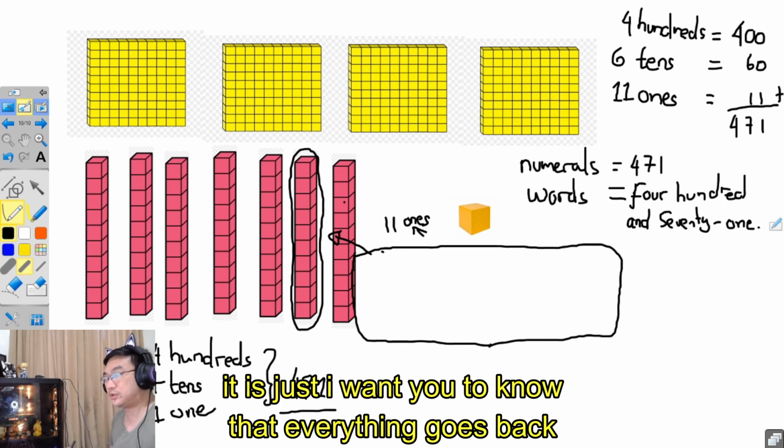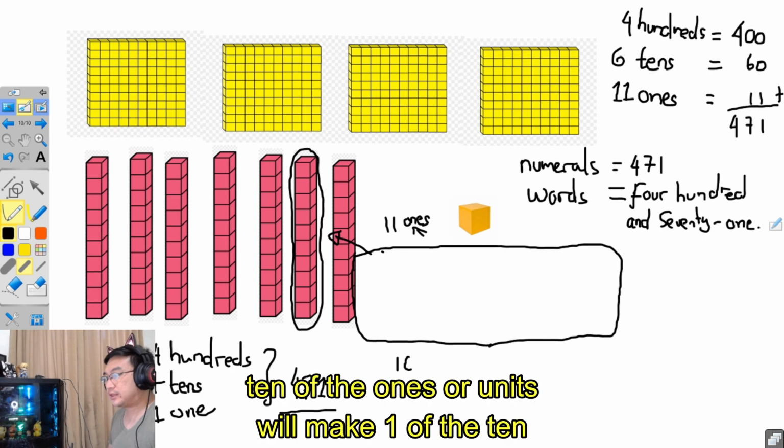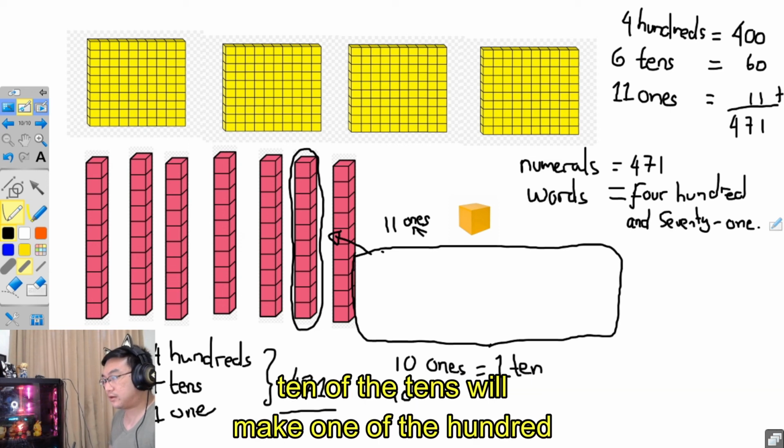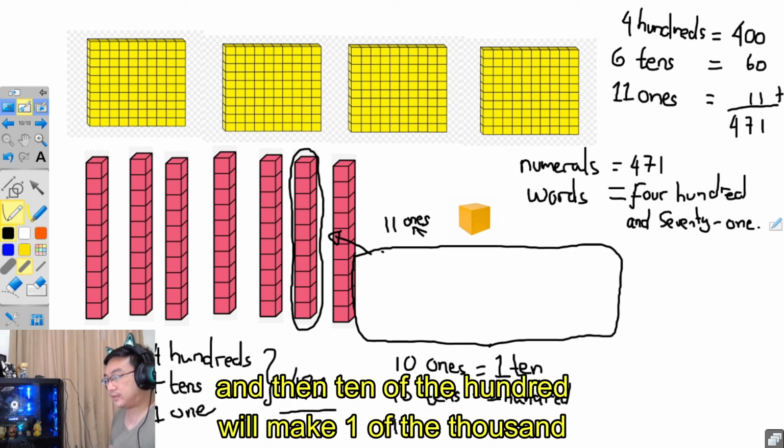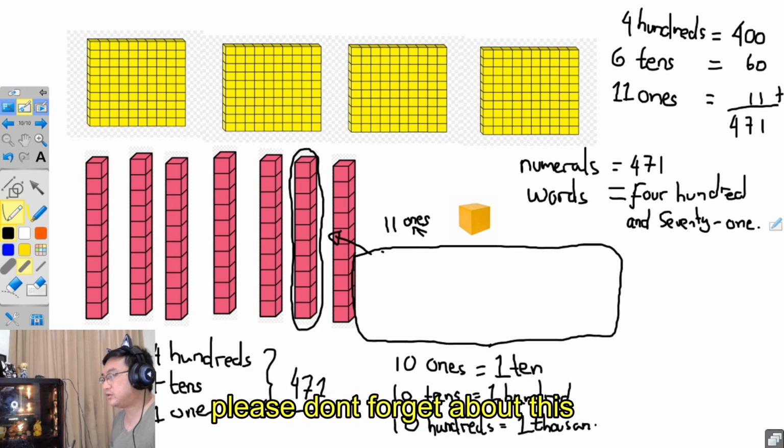I just want you to know that everything goes back to my first explanation. 10 of the ones or units will make 1 of the tens. 10 of the tens will make 1 of the hundreds, 100. And then 10 of the hundreds will make 1 of the thousands. Please don't forget about this.